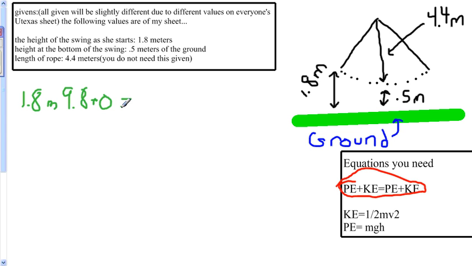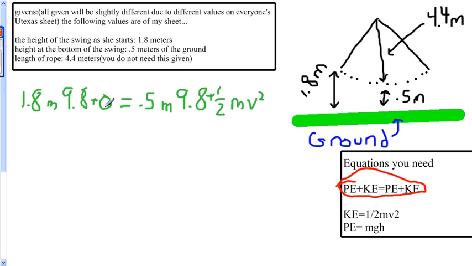And that equals the potential energy at the bottom, which is 0.5 meters times the mass times 9.8, plus the kinetic energy at the bottom, which is 1/2 mass times the velocity squared.